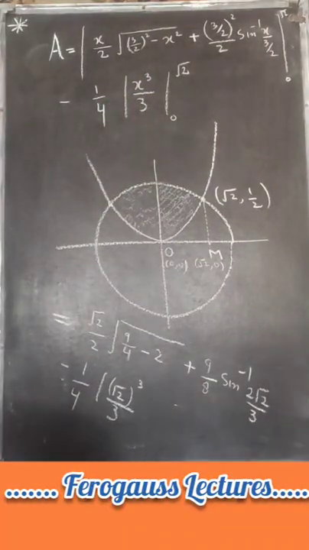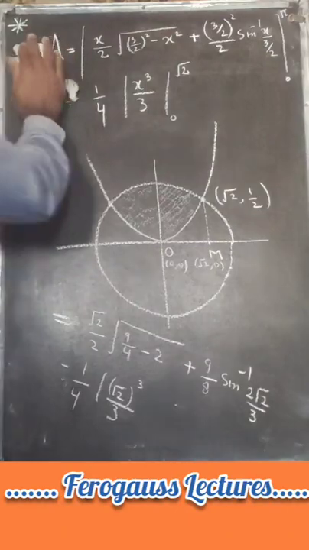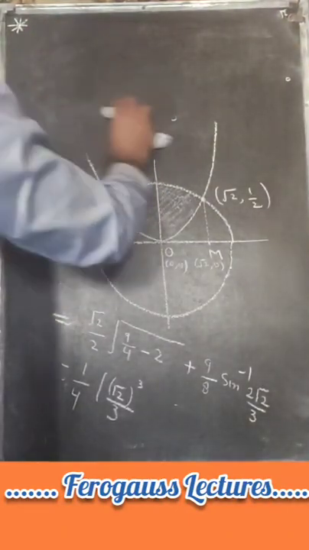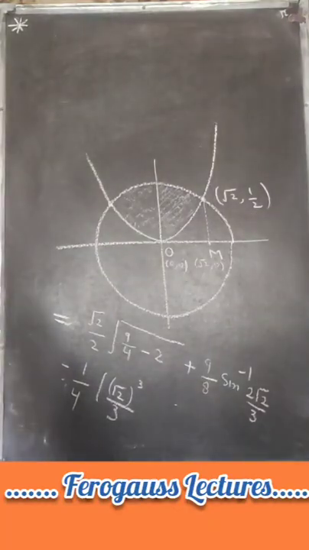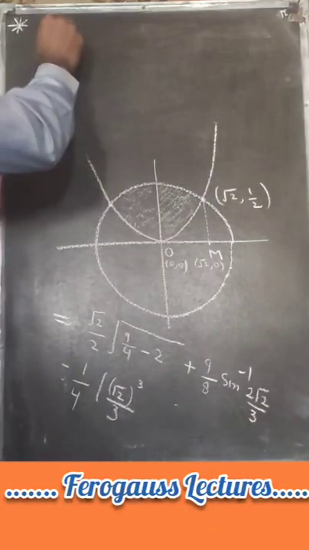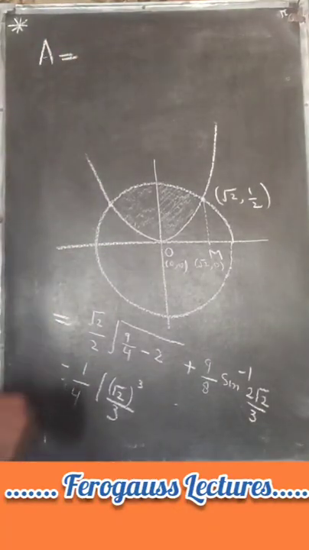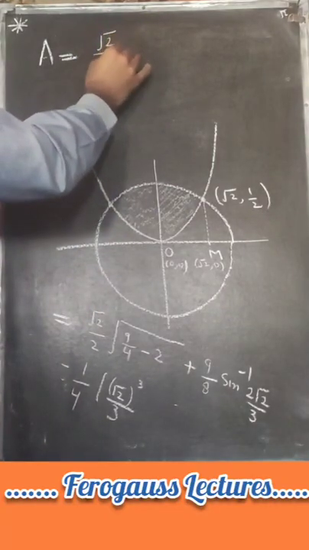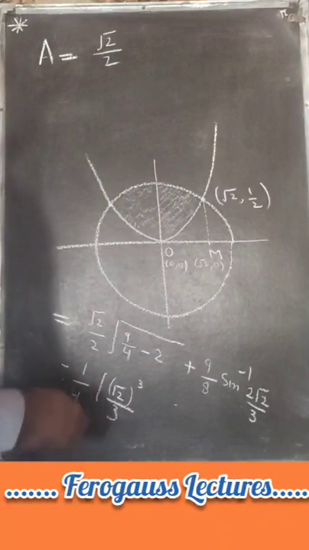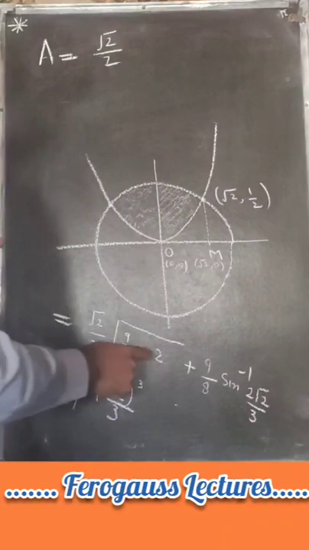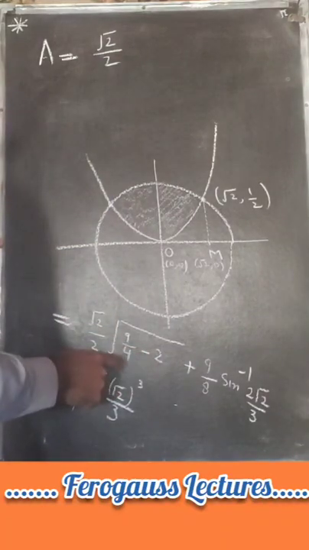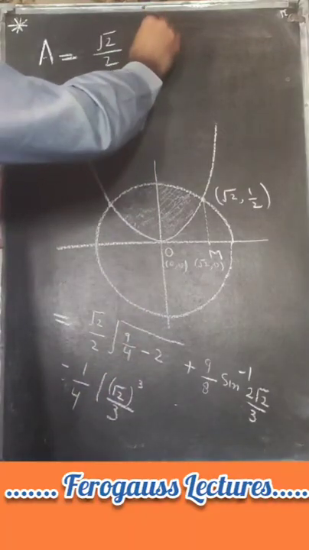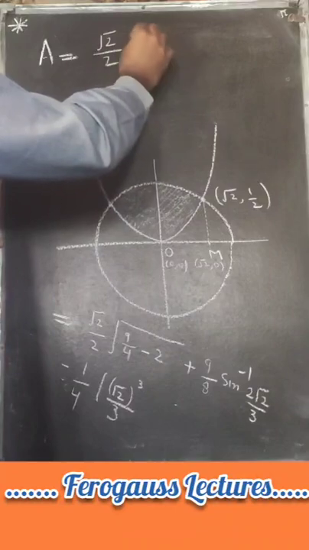Now this is further equal to square root of 2 by 2, and 9 by 4 minus 2 is 9 minus 8 divided by 4, that is 1 by 4. So this is equal to square root of 1 by 4, which is 1 by 2.